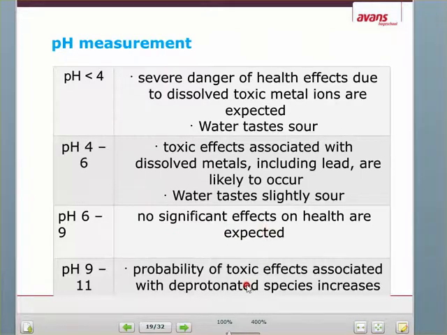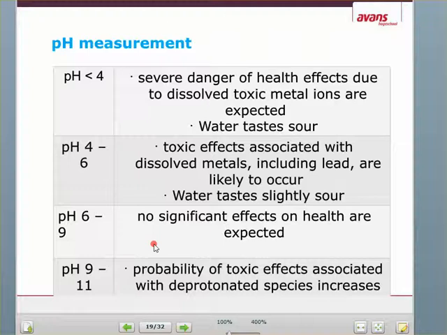And between 9 and 11, you'll get what's called deprotonated species. And deprotonated species are, for example, for me, my favorite is amino acids. In the middle of the amino acid is a hydrogen. And if the pH increases above 9, the hydrogen, which is called a proton, gets ripped off, for example, by the OHs.